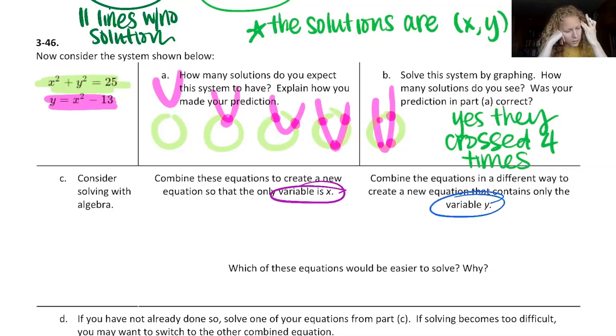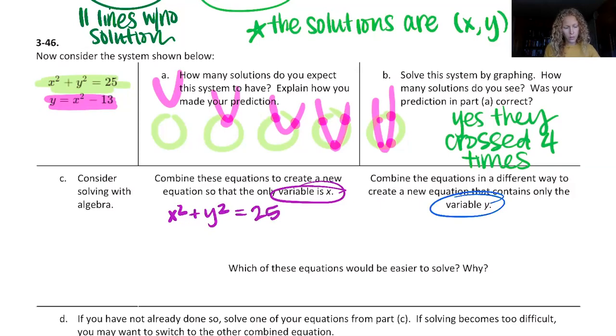If I'm going to think about only having a variable of x, then my y is the thing that's going to be replaced. So if y equals x squared minus 13, and I'm going to write this just in the variable x, originally we have x squared plus y squared equals 25, but we're going to substitute for y.